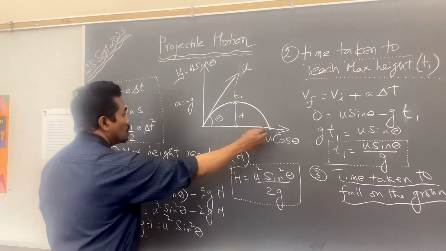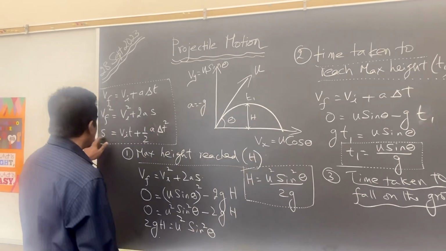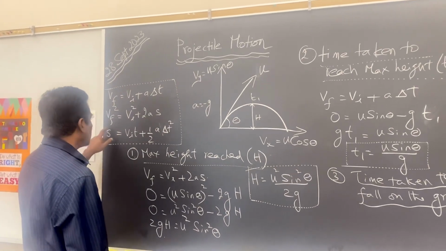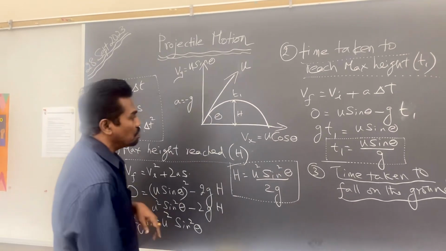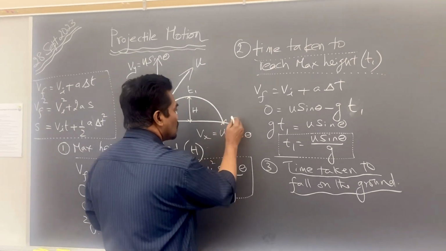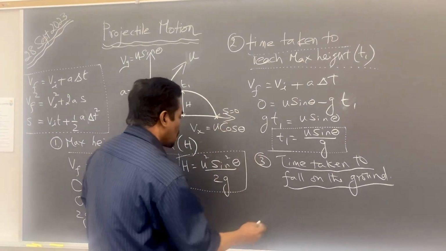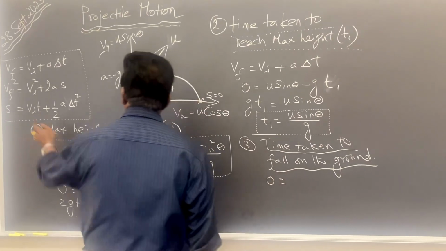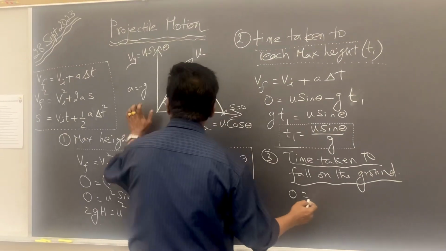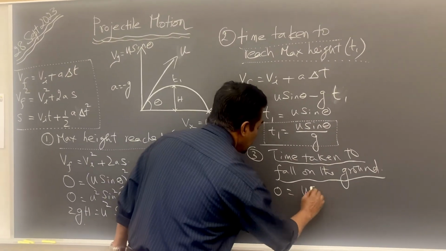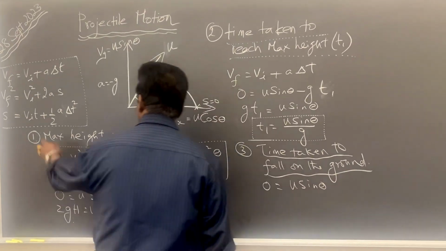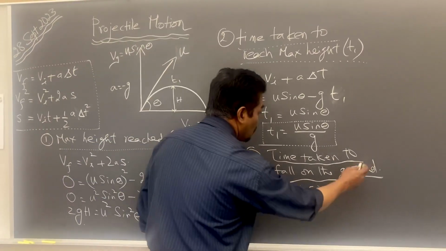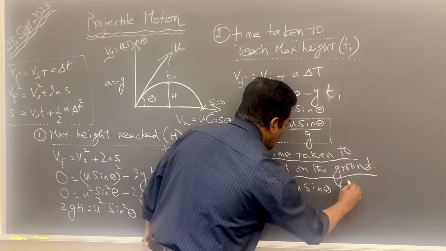At the time of fall, the height, that means s, will be 0. So we can use the formula with initial velocity u sin theta and time t2 at the time of fall.